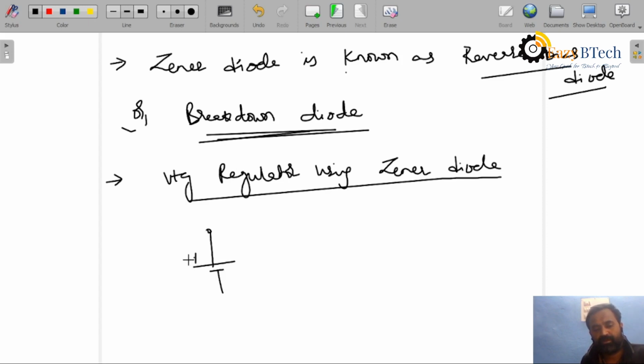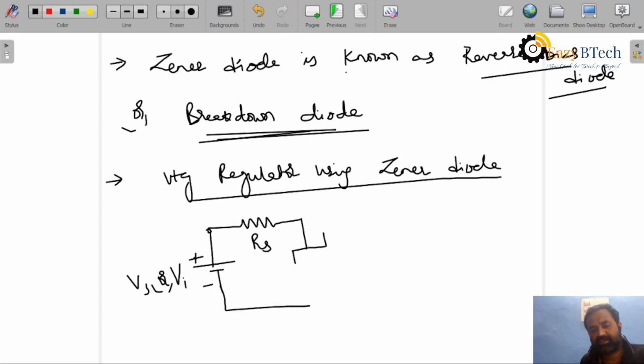Now this voltage we will call as a line voltage or source voltage, and the resistor, source resistance. The diode is operated in reverse bias. This is Zener diode, negative positive, connected in reverse bias.